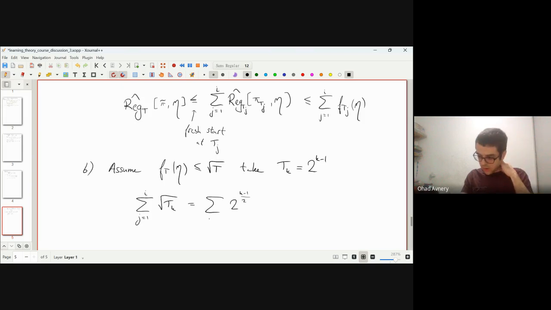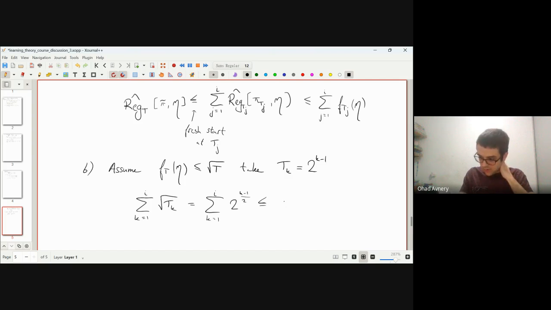And we want to show that, sorry, the exponent has j. Okay, yeah. So we wish to show that this is bounded by the square root of t, up to a constant factor.